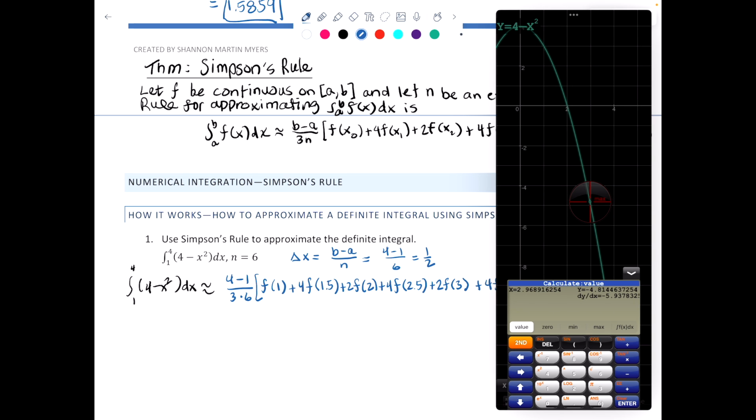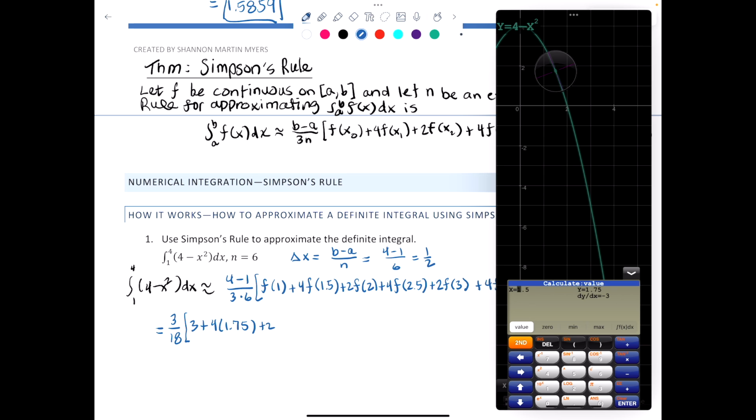All right, so now let's go into get our y values here. So we want to find f at 1, which is just 3. So we'll have 4 minus 1, which is 3 over 18. I'll just write it like that for the moment, simplifying the multiplier. And then f of 1 was 3. Then we have 4 times f of 1.5. That's 1.75.